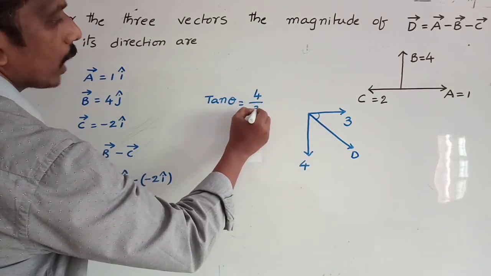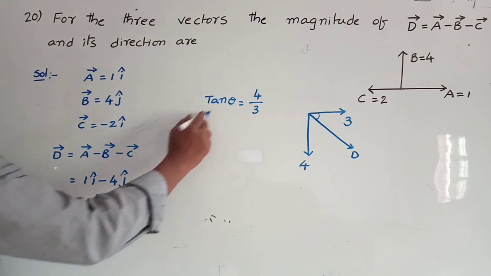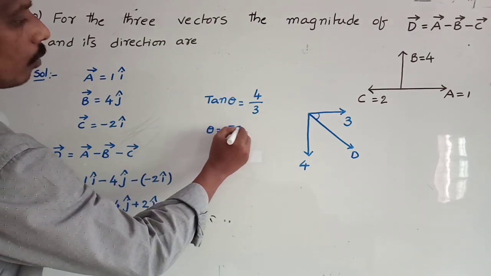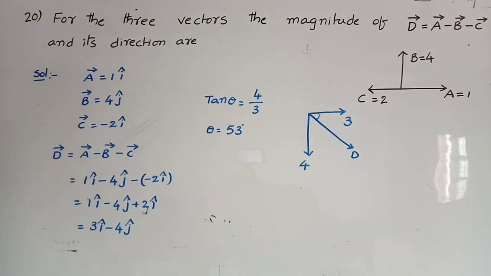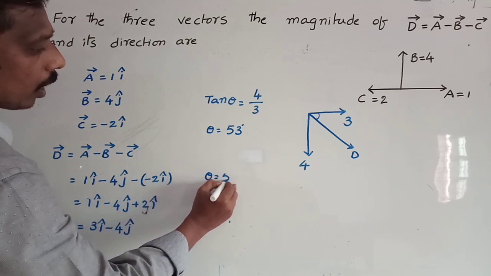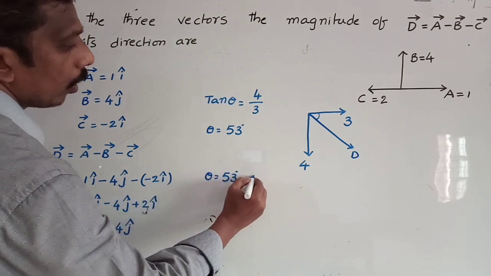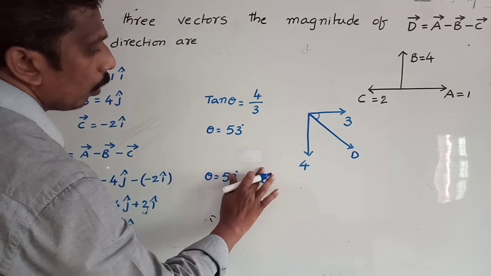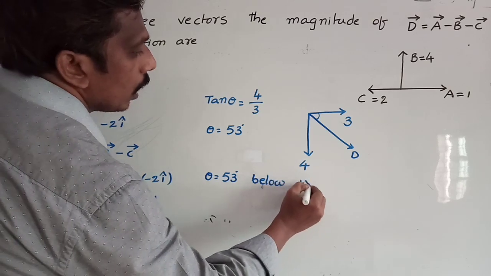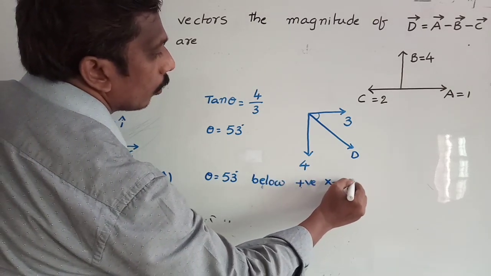Here the y coordinate is 4 and the x coordinate is 3. tan theta is equal to 4 by 3, so theta is equal to 53 degrees. So here the angle theta is equal to 53 degrees below the positive x axis.